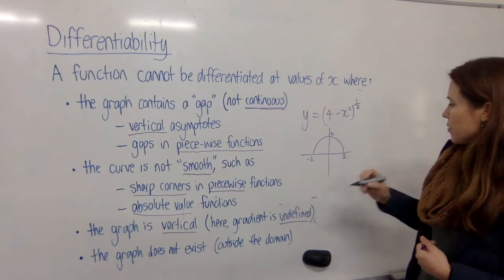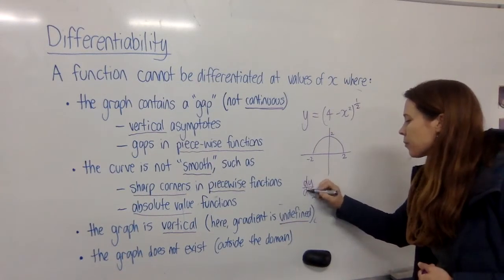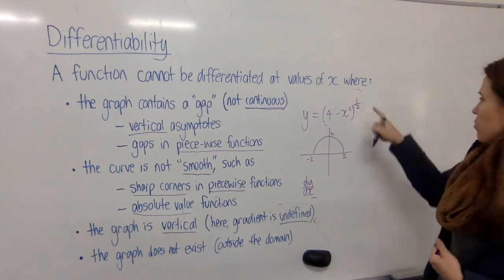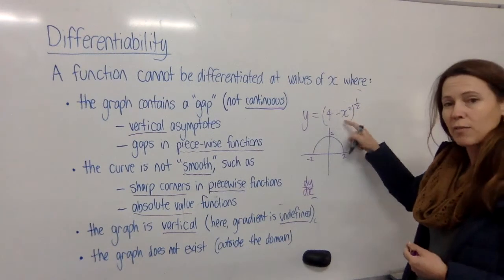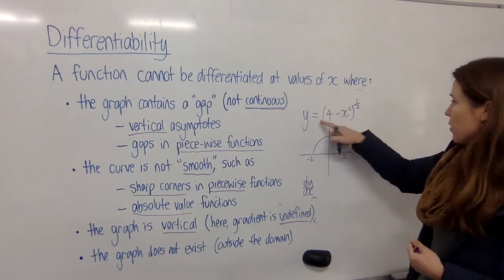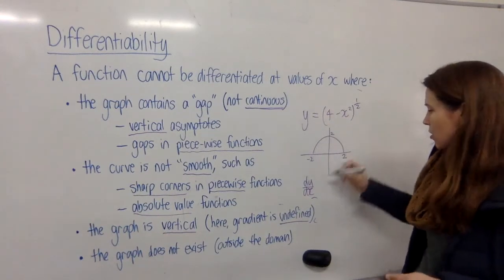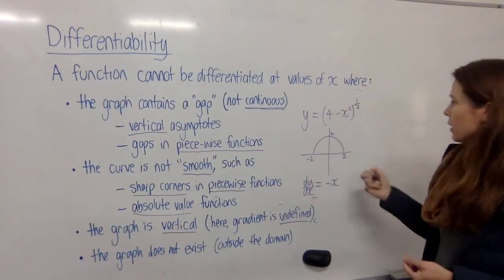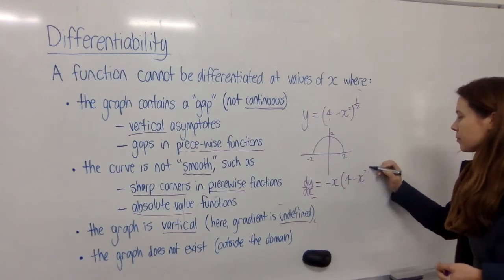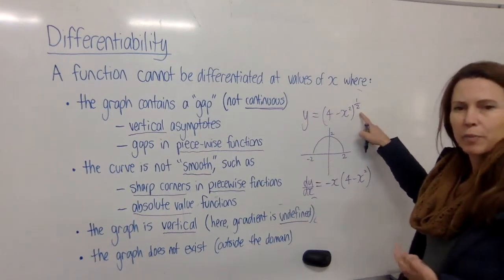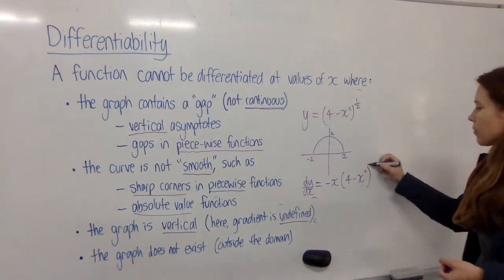And then to find dy/dx, we would need to follow the chain rule. We'd bring our half down the front, we'd have to bring out minus 2x from inside the brackets to come out the front. So half of minus 2x is just minus x. And then we'd have to write all of this again, but instead of to the power of half, it would be to the power of minus a half.